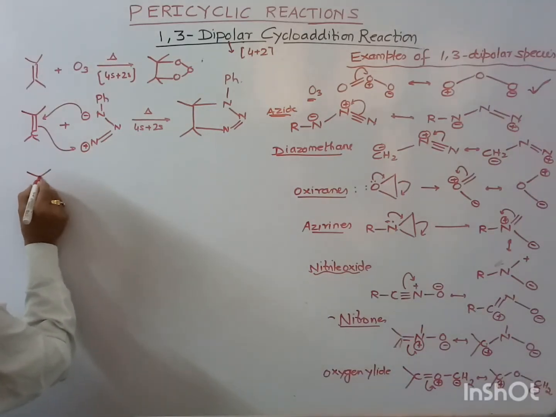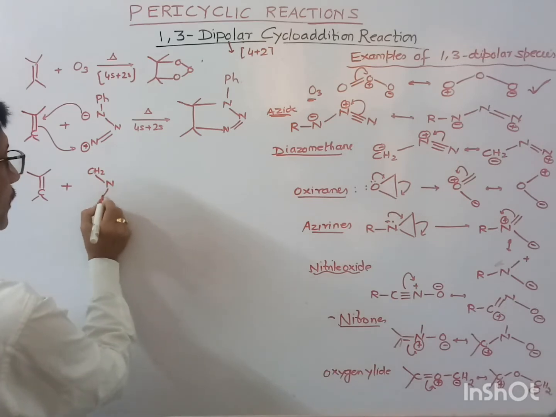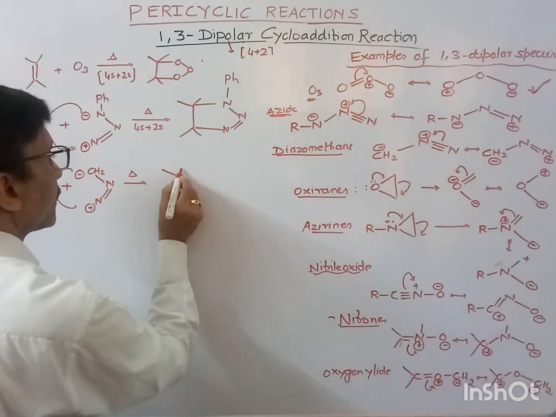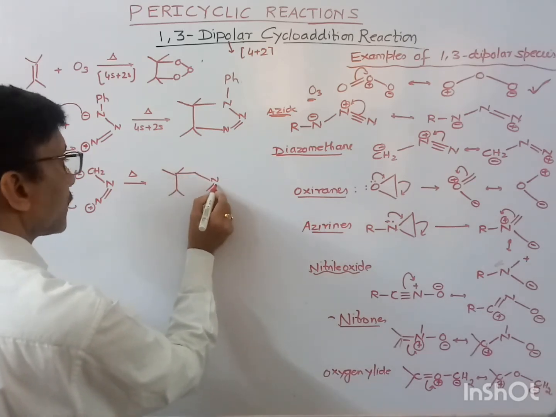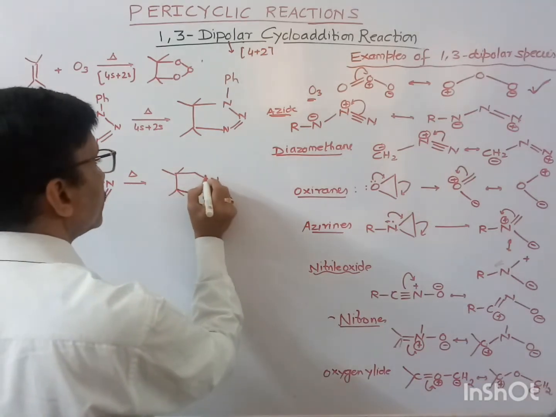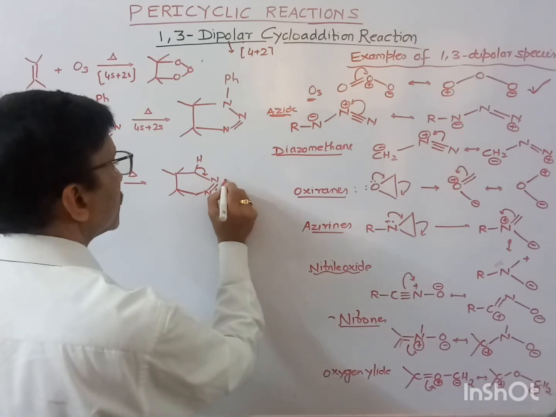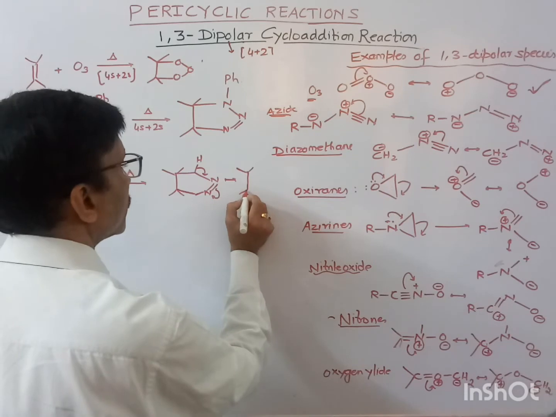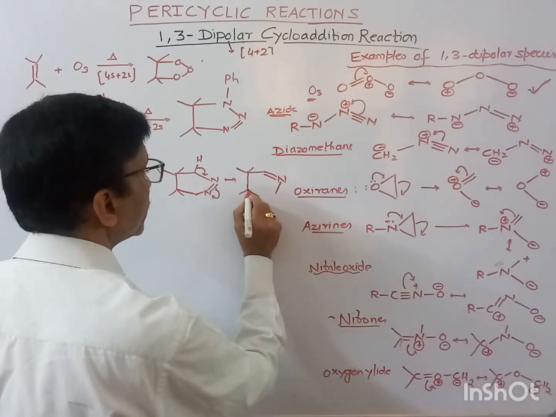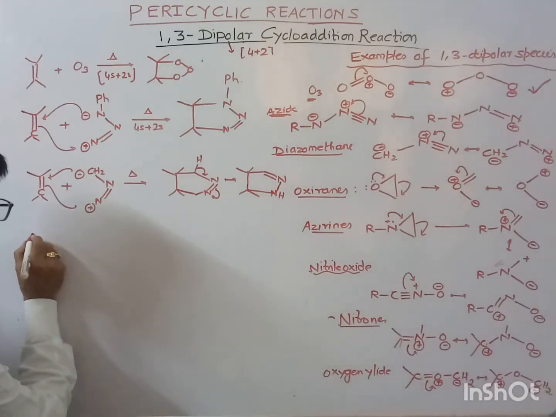In the same way, you may see some diazomethane type of species. If one of the hydrogens is present over here, this may be written like this, with a double bond over this one, a single bond, and here nitrogen and H2.